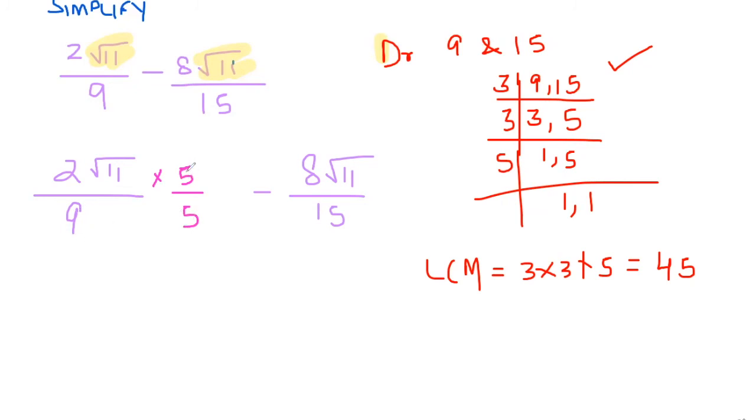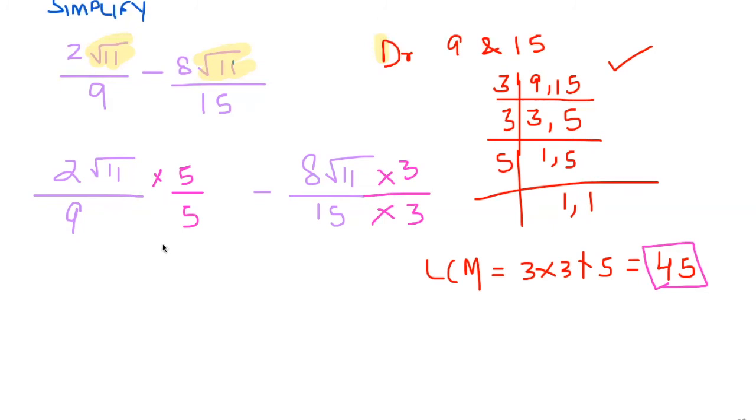And when you multiply and divide by the same number, it doesn't matter, because eventually it gets cancelled and gives you the same fraction which you see here. Okay, and here 15 times 3 I have to do, because 15 times 3 is 45. I'm making the denominator for both the fractions 45. So whatever I multiply to the denominator, same thing I'll have to multiply to the numerator as well.